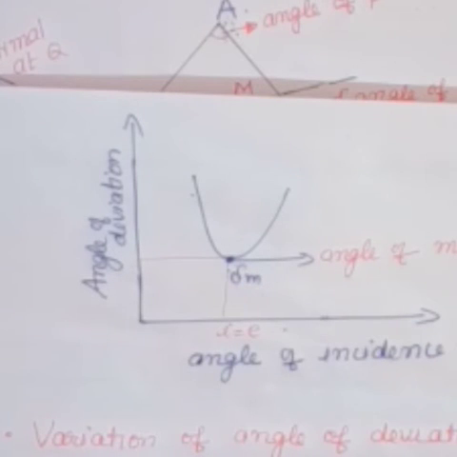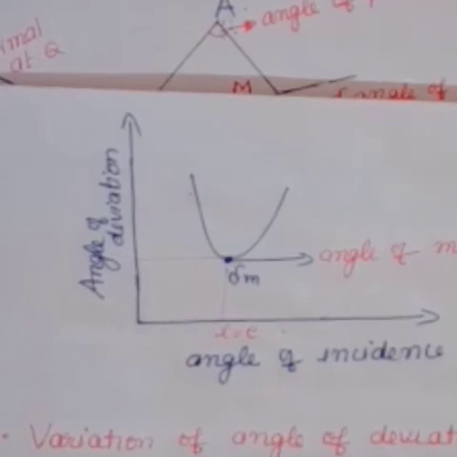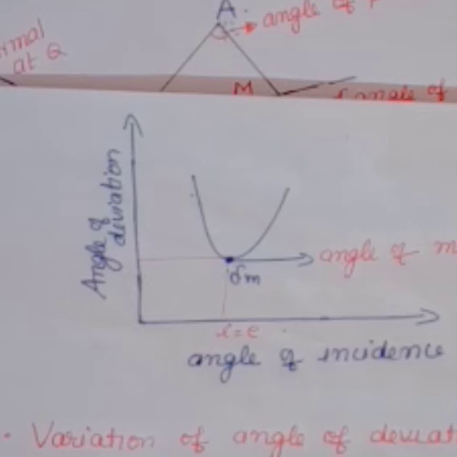Next you have to find the relation between refractive index and angle of minimum deviation.